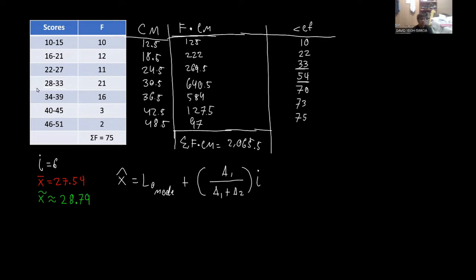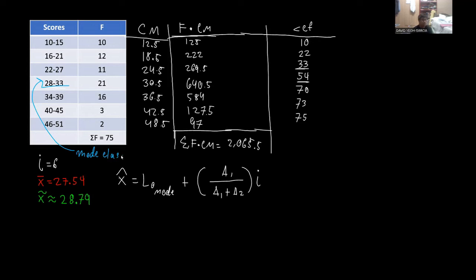So this one, 28 to 33, has a frequency of 21, and 21 is the largest value among all of the frequencies given. Therefore, this class interval has the highest frequency. Thus, this is your mode class. Your mode class is 28 to 33.